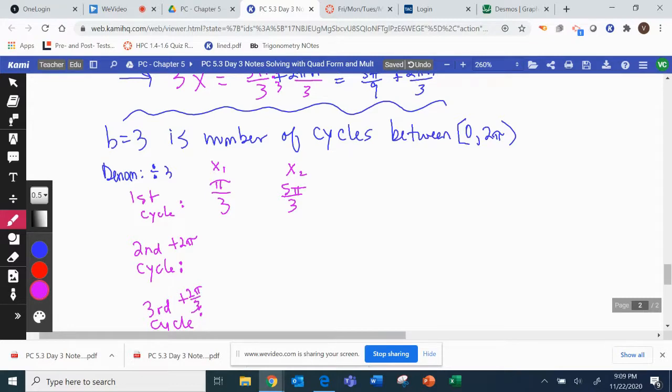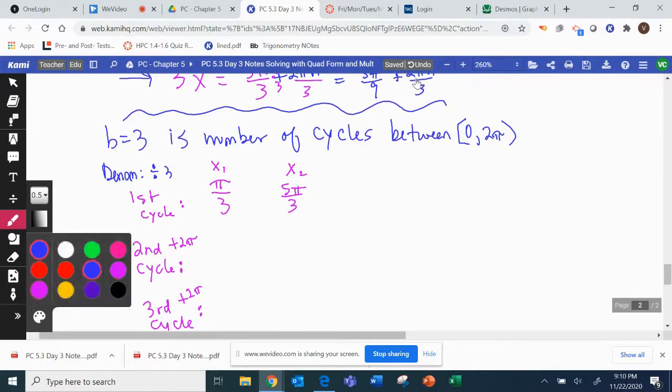Okay, oops, I went ahead of myself. Normally add 2 pi. So since this is the answer for x, not 3x, I'm going to add the 2 pi by finding a common denominator, which would be 2 pi with a denominator of 3 would be 6 pi over 3.